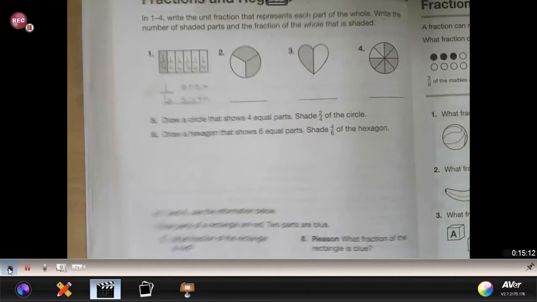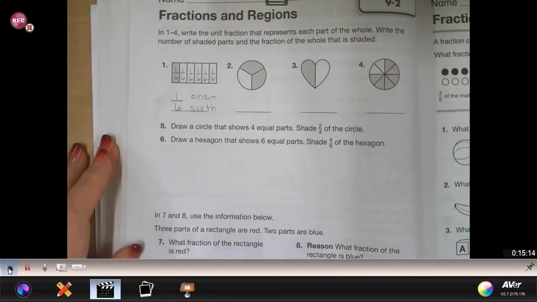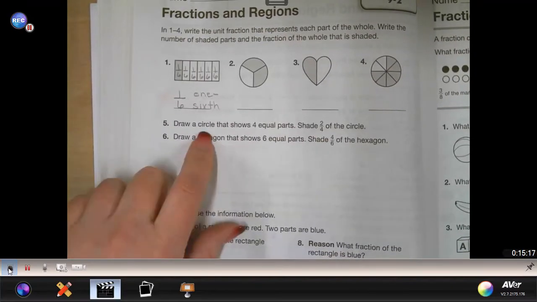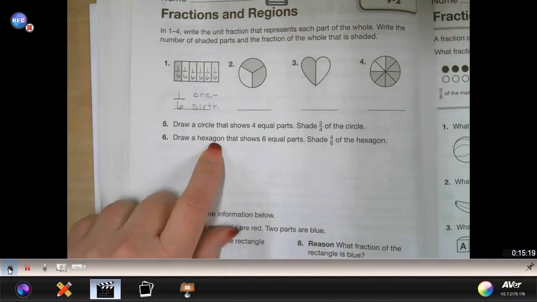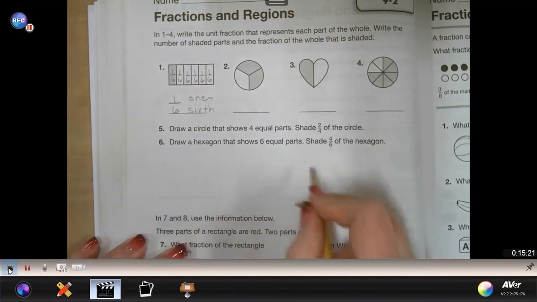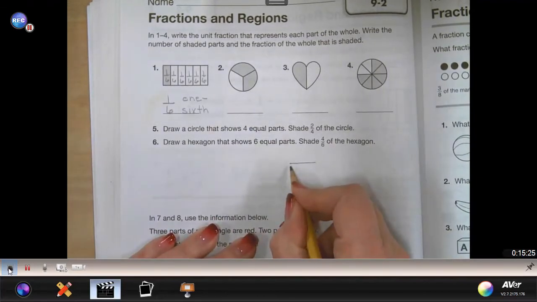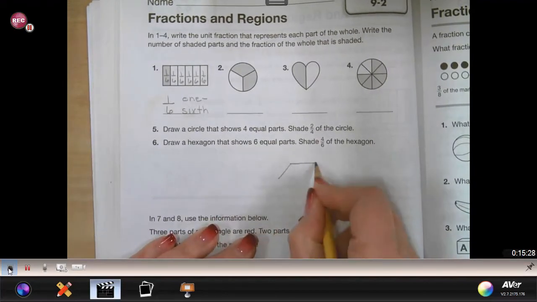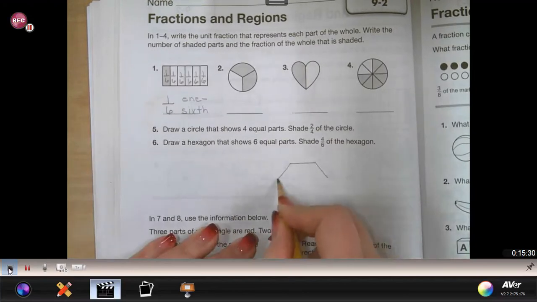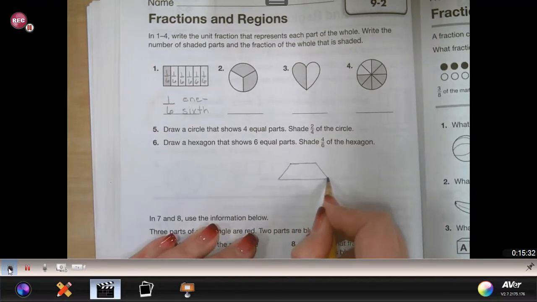Now, the rest of this, 5 and 6, you're going to follow the directions that it asks you to. It tells you to draw a circle, and then it says draw a hexagon. A hexagon, and I'm just going to share this with you guys real quick, is 2 trapezoids put together. So I like to start with 1 trapezoid to help me out.